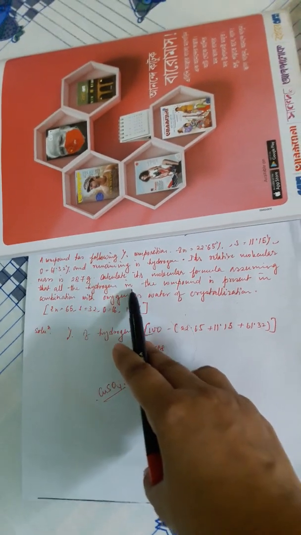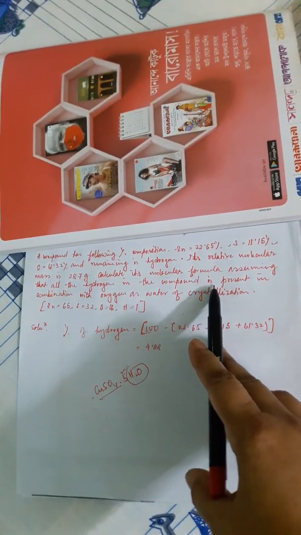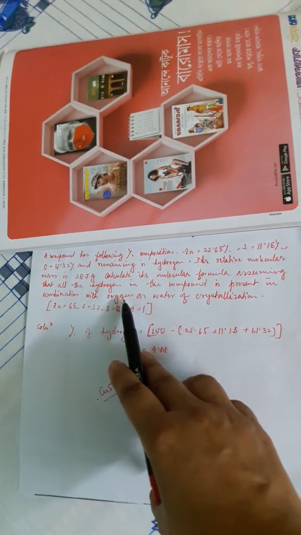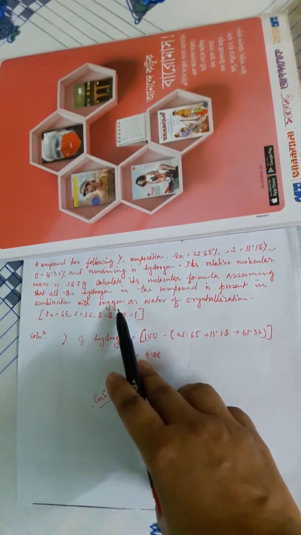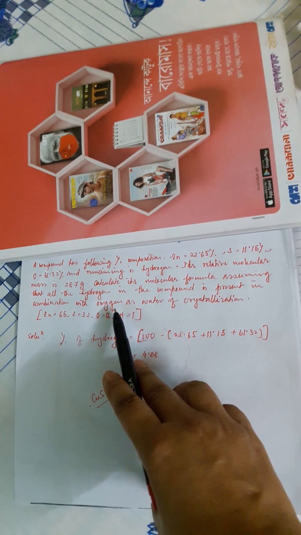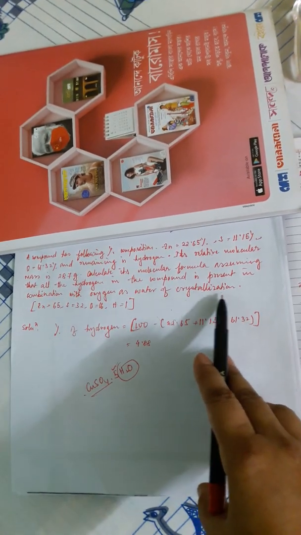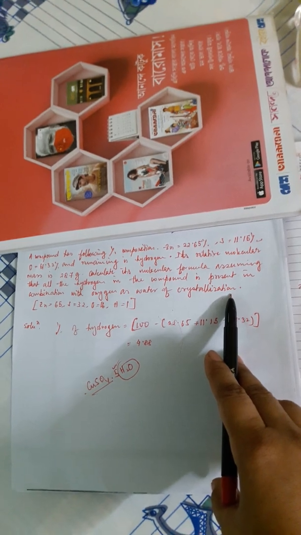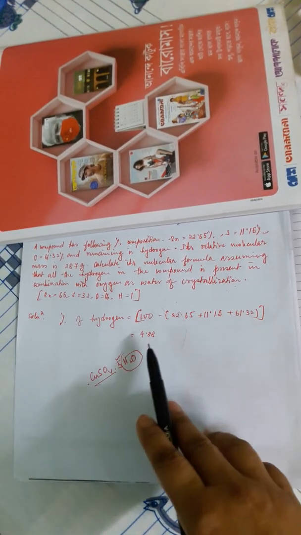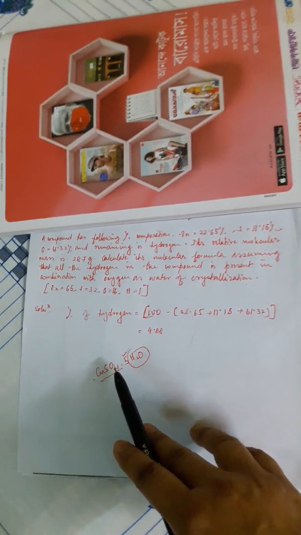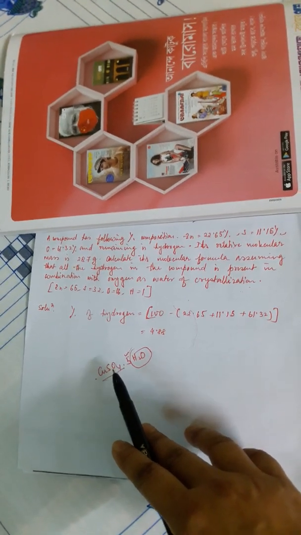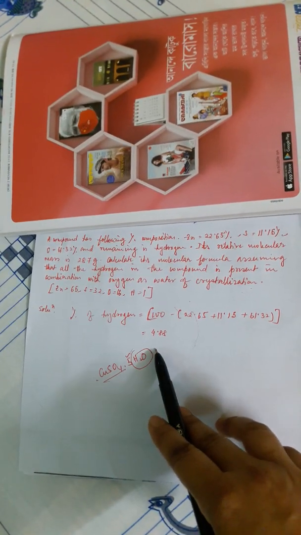Assume that all hydrogen in the compound is present in combination with oxygen. Hydrogen in combination with oxygen means H2O as water of crystallization. What is this water of crystallization? Let us take an example: hydrated copper sulfate, CuSO4.5H2O.